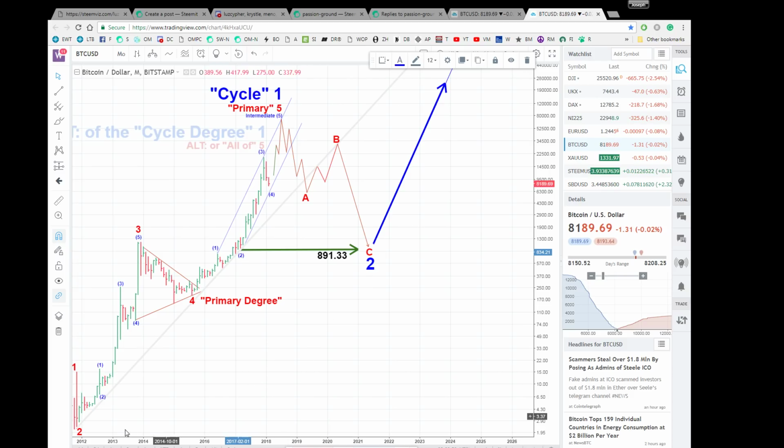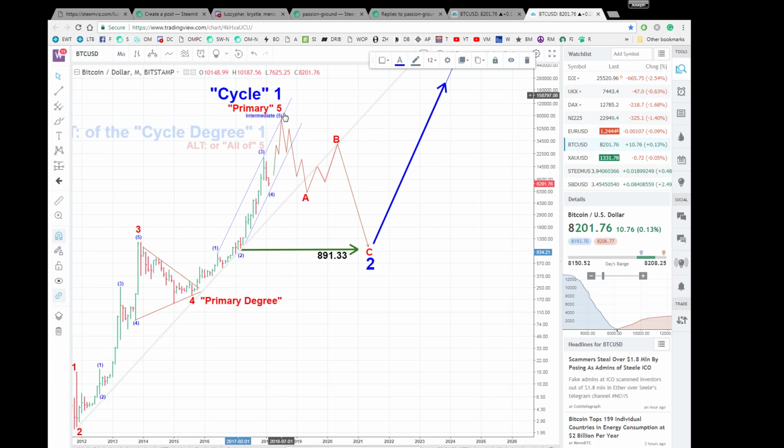Just looking at this primary wave structure, wave 1 up, 2 down, wave 3 primary, wave 4 down primary. Now we've got 1, 2, 3, 4, and perhaps one more wave up to go for this intermediate fifth to complete the extended fifth wave, which would then mark the primary fifth and the cycle degree 1 wave.